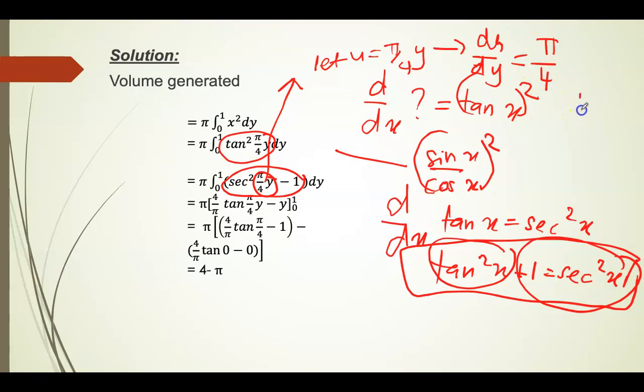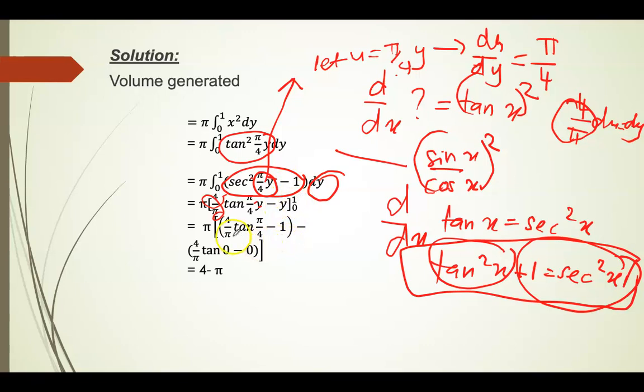So that means that 4 over pi du is what dy is equal to right now. So dy is going to be replaced with 4 over pi du. Then integrating secant squared u would give you tangent u. So u right now is pi over 4 y. Replace that back in. Don't forget your 4 over pi in the front part right here. Okay, and then negative 1 just becomes y, from 0 to 1.